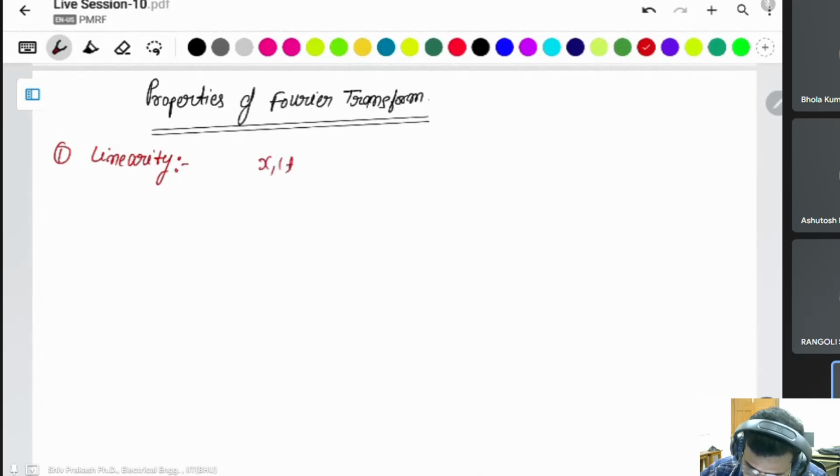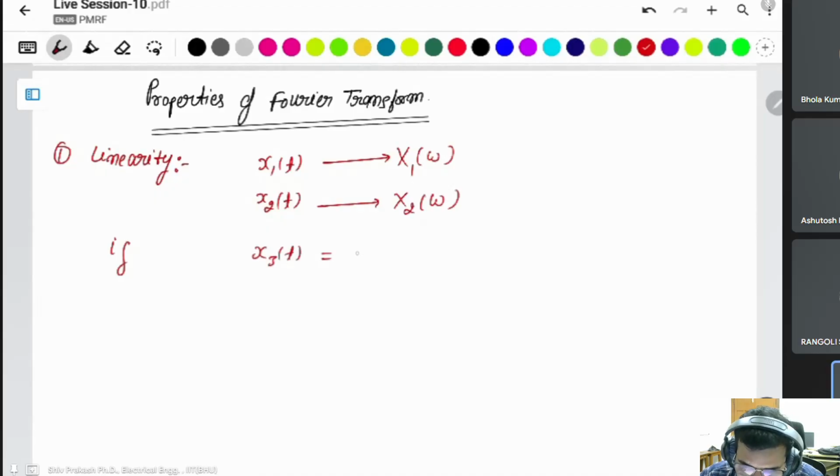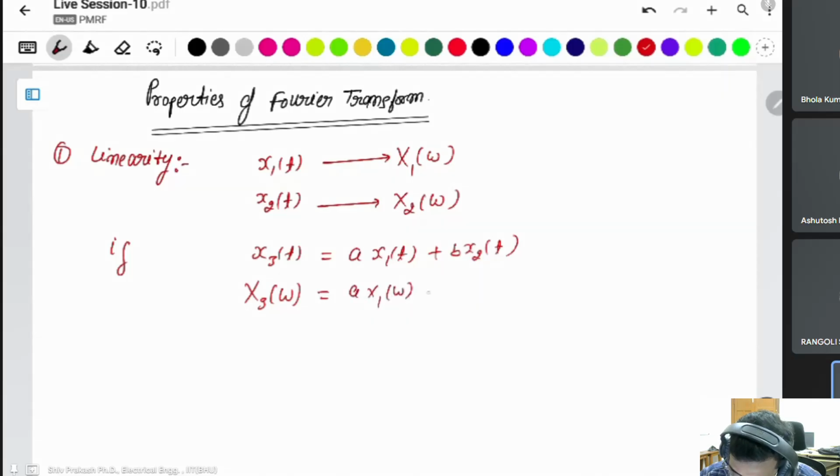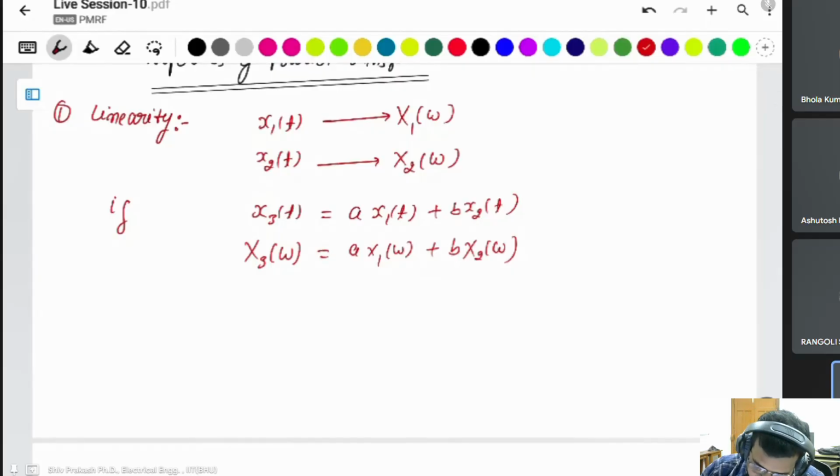If x1 has some Fourier transform X1(omega), and x2 has Fourier transform X2(omega), then for another signal, a x1(t) plus b x2(t), with a and b constants, the Fourier transform is the same combination of the individual Fourier transforms. This is known as the linearity property.